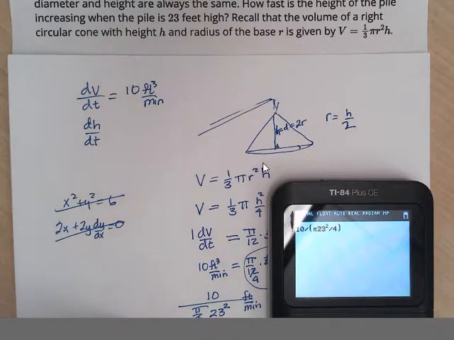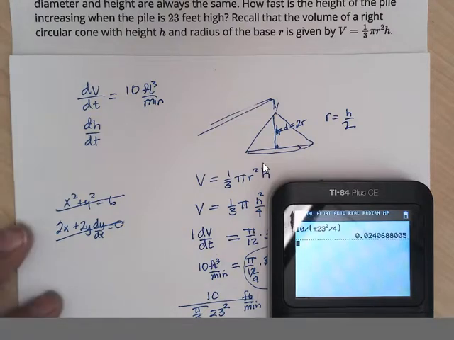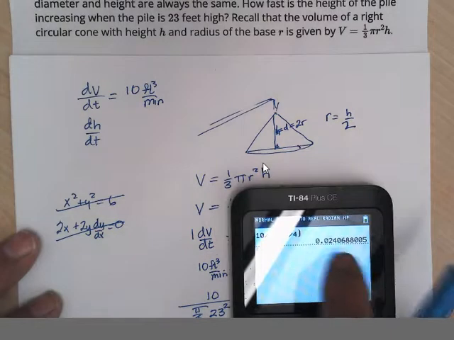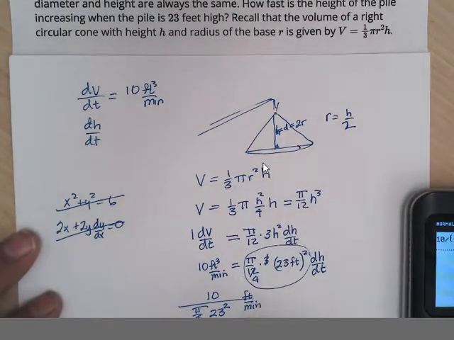Pi times 23 squared divided by 4. Enter. And I get it. The height is changing at 0.024 feet per minute.